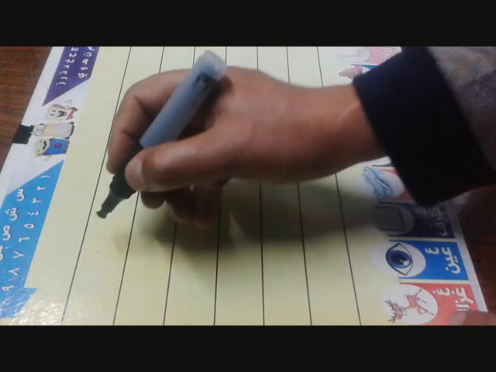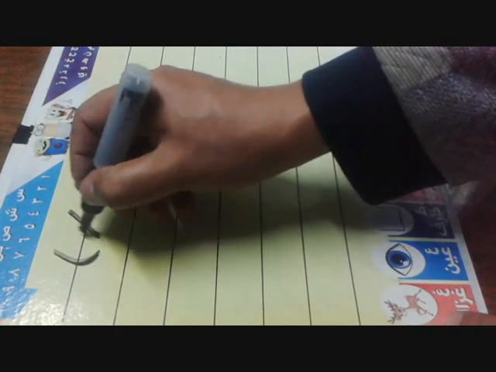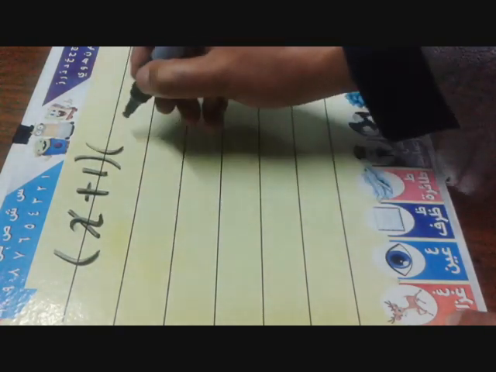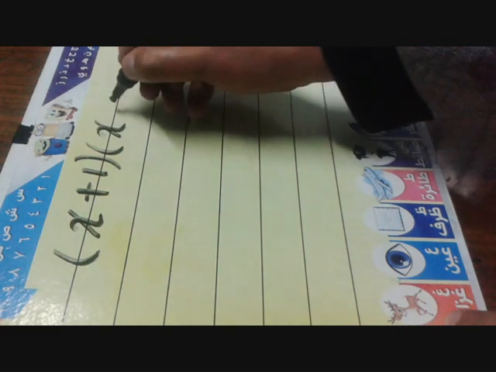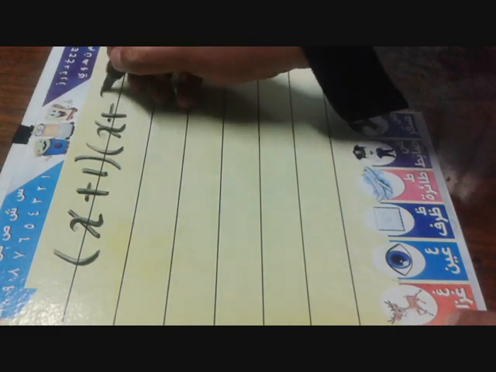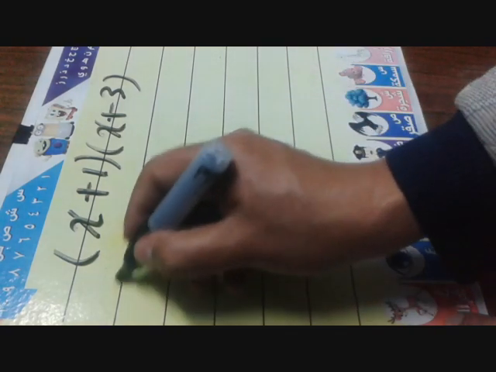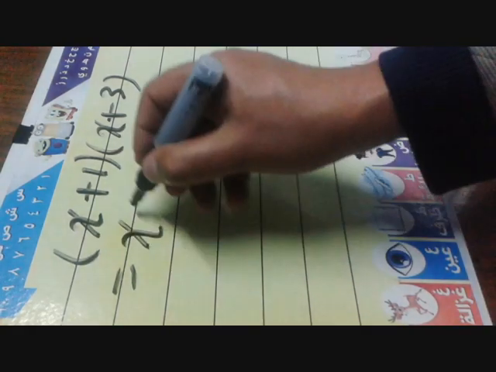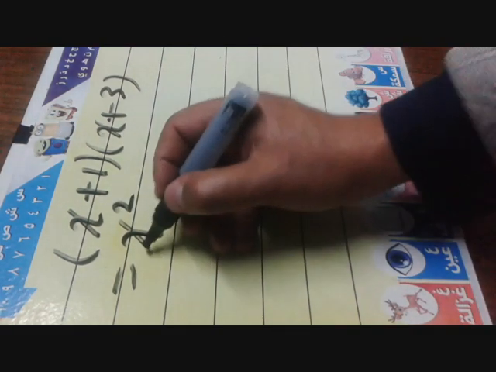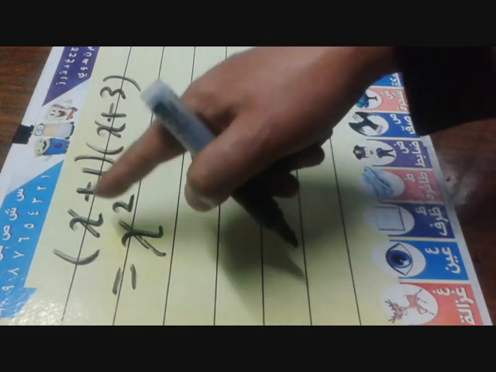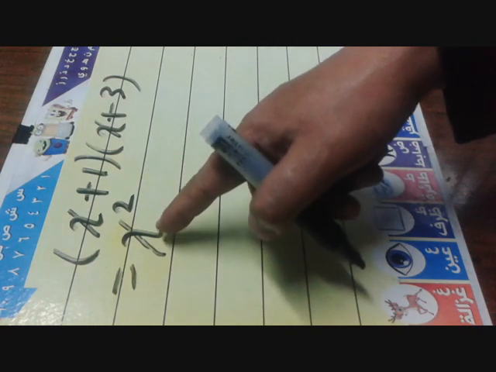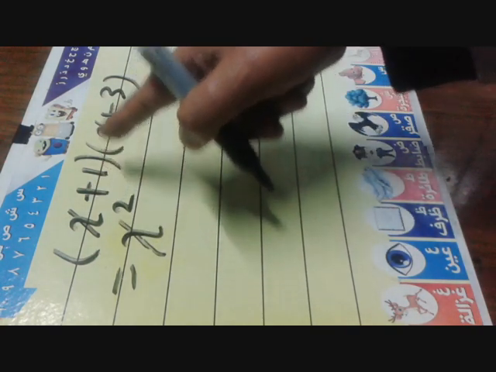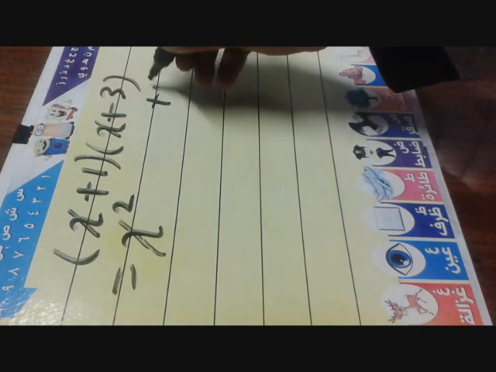Multiply x plus 1 times x plus 3. X times x equals x square. 1 times 3 equals 3.